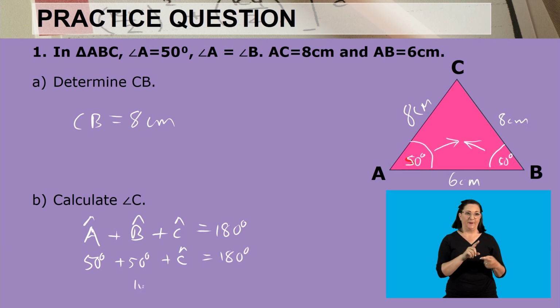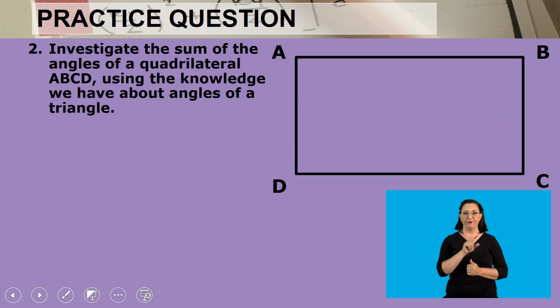We add these two and they give us 100 degrees plus C equals 180 degrees. Therefore, angle C equals 180 minus 100, which is 80 degrees. That is question 1. Let's look at the next question.